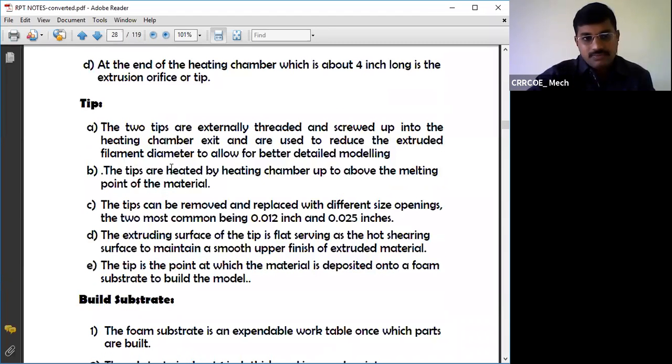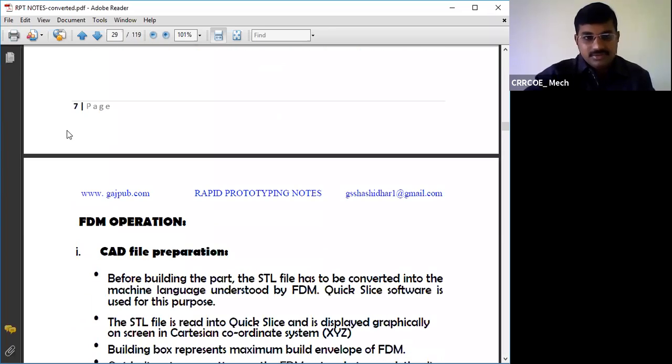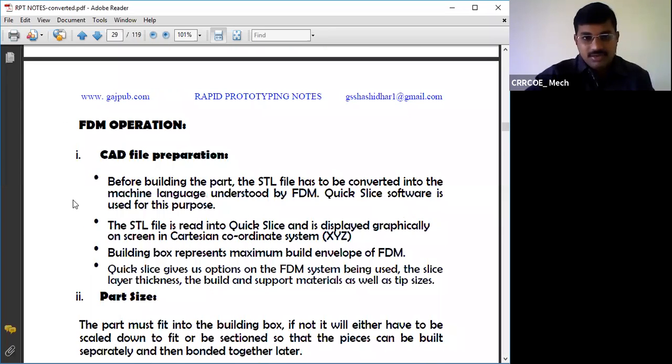So what are the tips required? If I read every step, the class will not be concluded, but most of the things I have discussed.